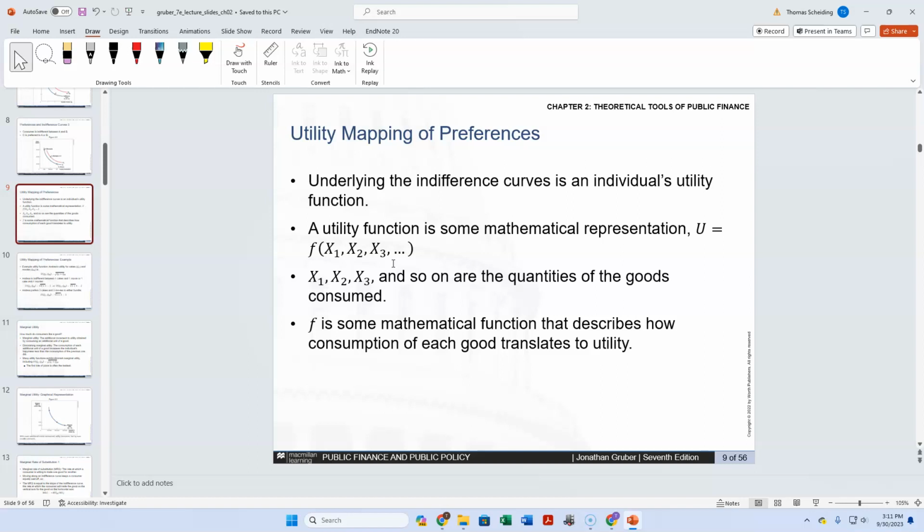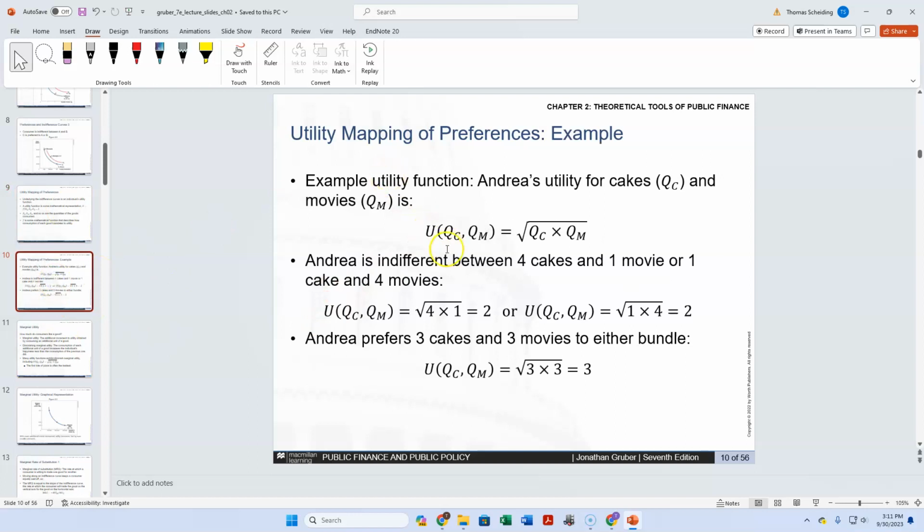You just need to be comfortable with the concept of marginals, which we can start to see right here. That if I give you a utility function for goods, cakes, and movies, and that utility function can be described as the square root of the multiplication of the two, and we start plugging in numbers, we can get what that total utility number would be.